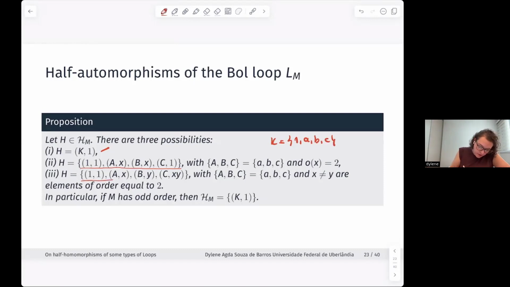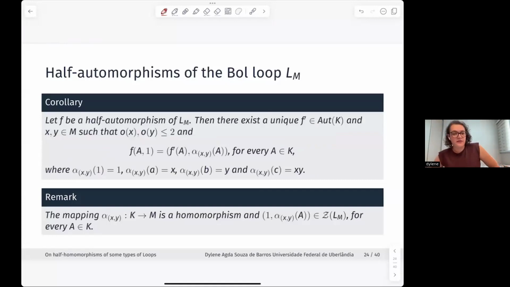Or H is of the form 1, 1, AX, BY, and C, XY, with X and Y two different elements of M of order equal to 2. In particular, if M has odd order, then HM is only K1. So for M of odd order, F of K1 is also K1.